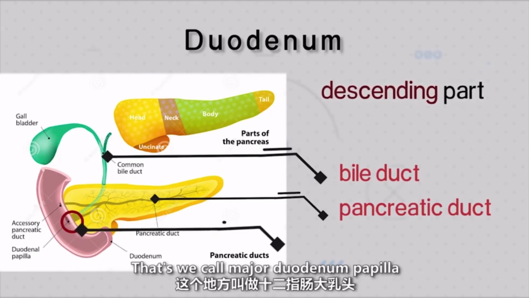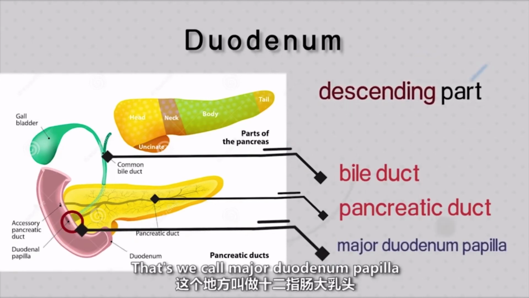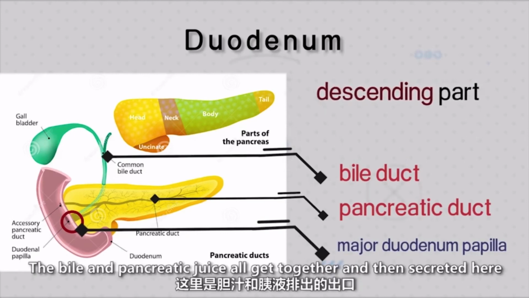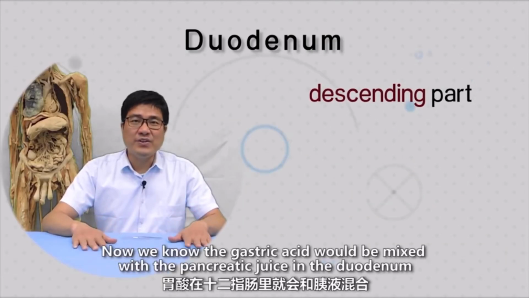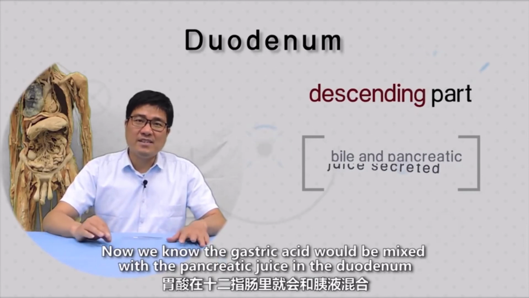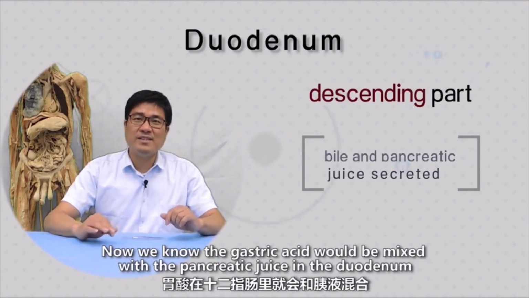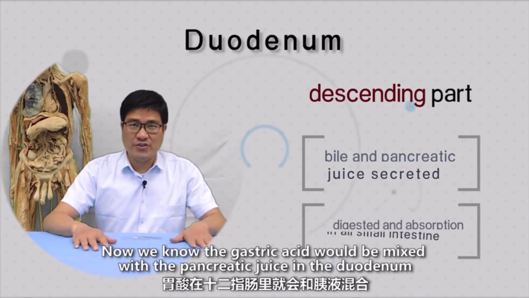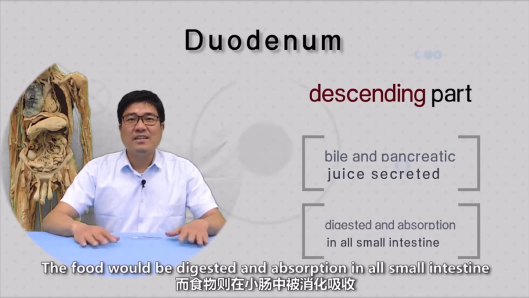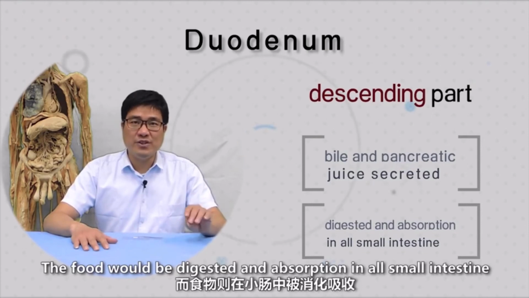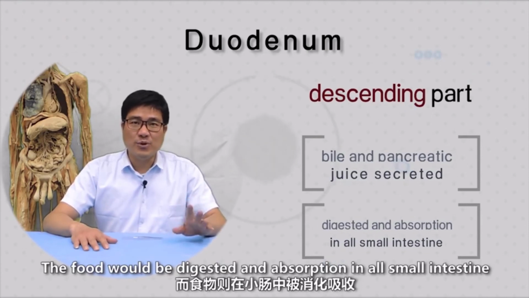That's what we call the major duodenal papilla. Bile and pancreatic juice get together and are secreted here. So the gastric acid would be mixed with the pancreatic juice, and the food would be digested and absorbed in the small intestine.